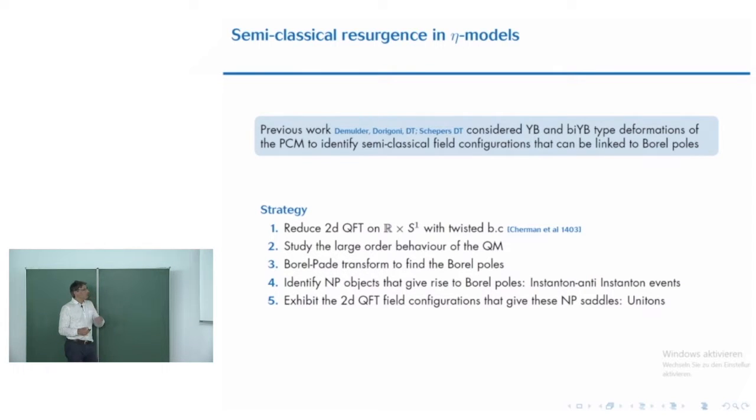And we do this in a bit of an indirect way, basically as advocated by Mithat Ünsal and probably some other people. Instead of considering the quantum field theory on R2, we're going to reduce it on a cylinder with some twisted boundary conditions.